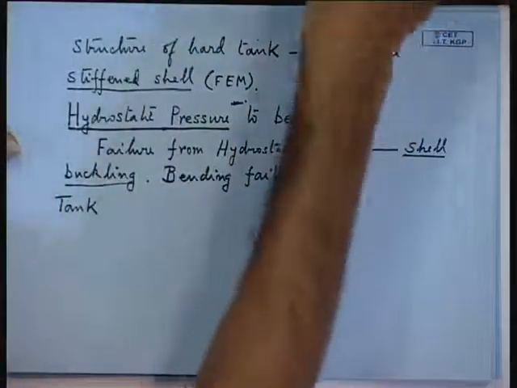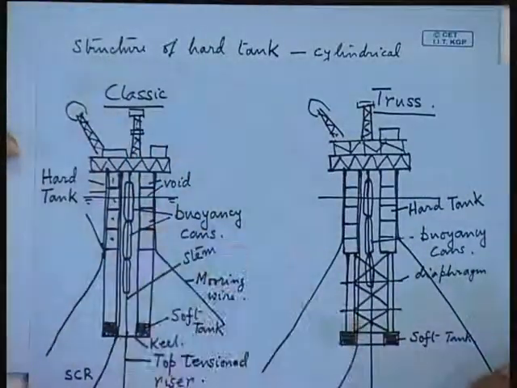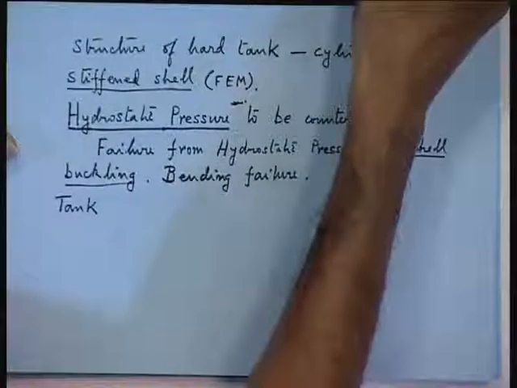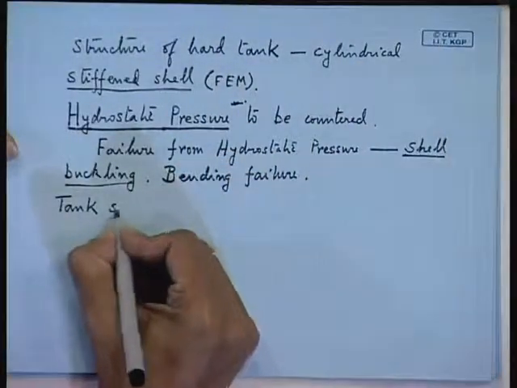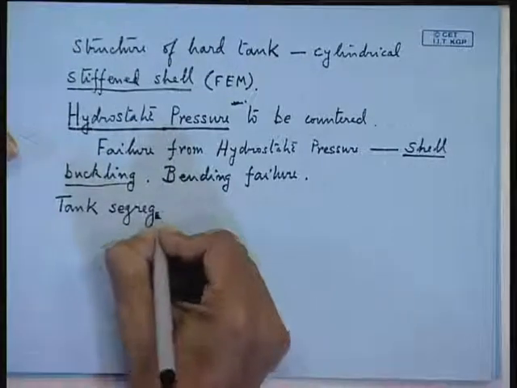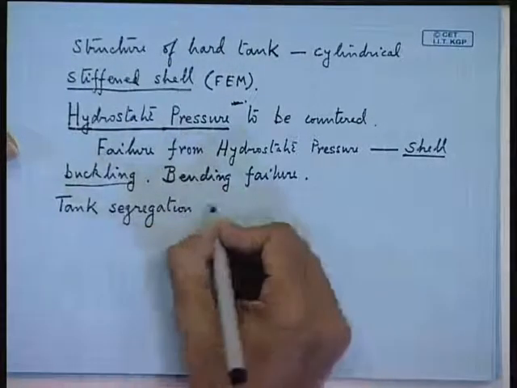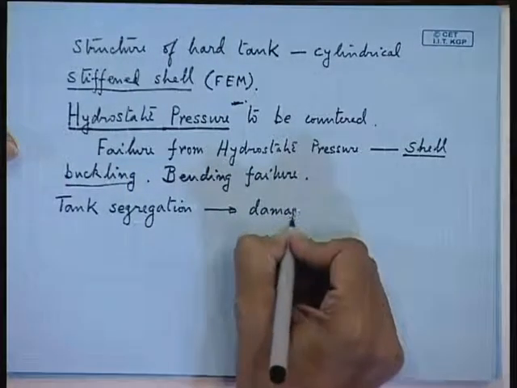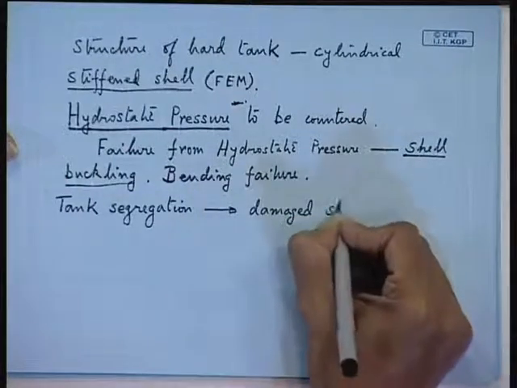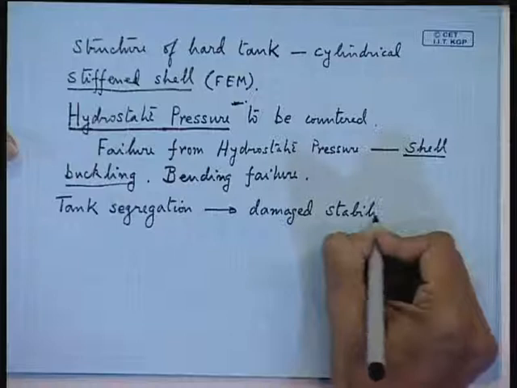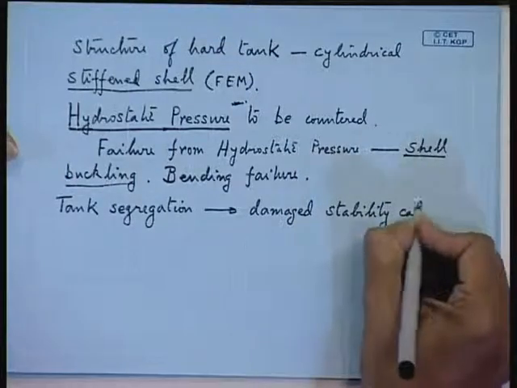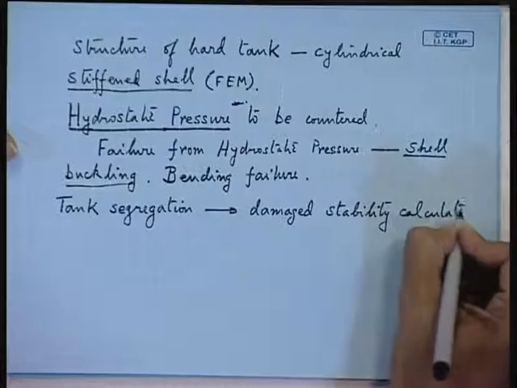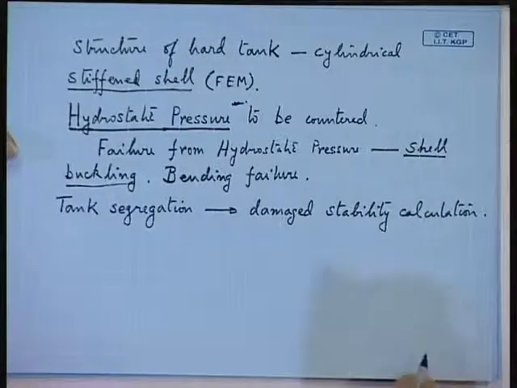The structure is okay, we are designing the shell against buckling and bending, but tank segregation has to be based on damage stability calculations. So, a naval architect has to be thorough on both the structures and damage stability for this type of platform.